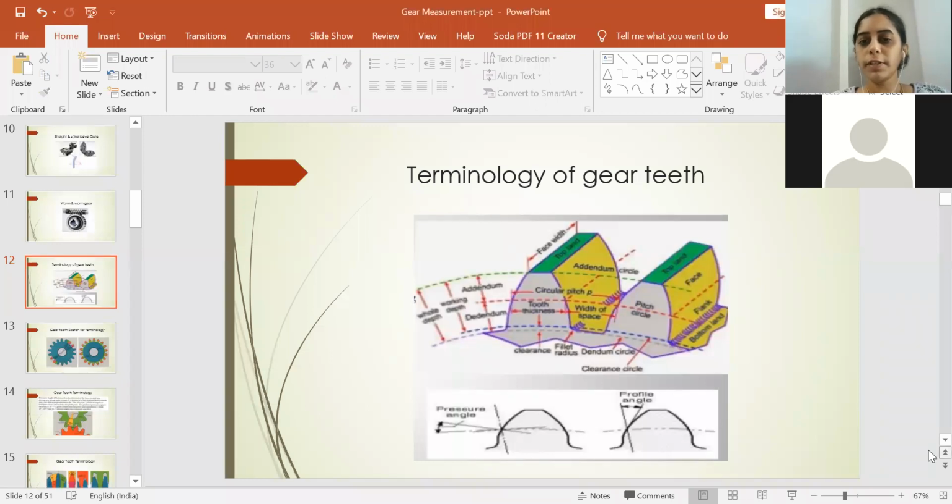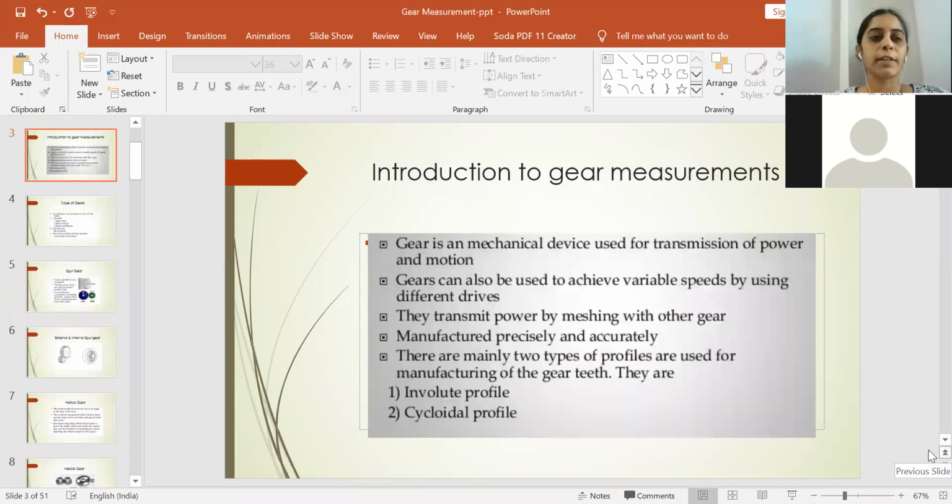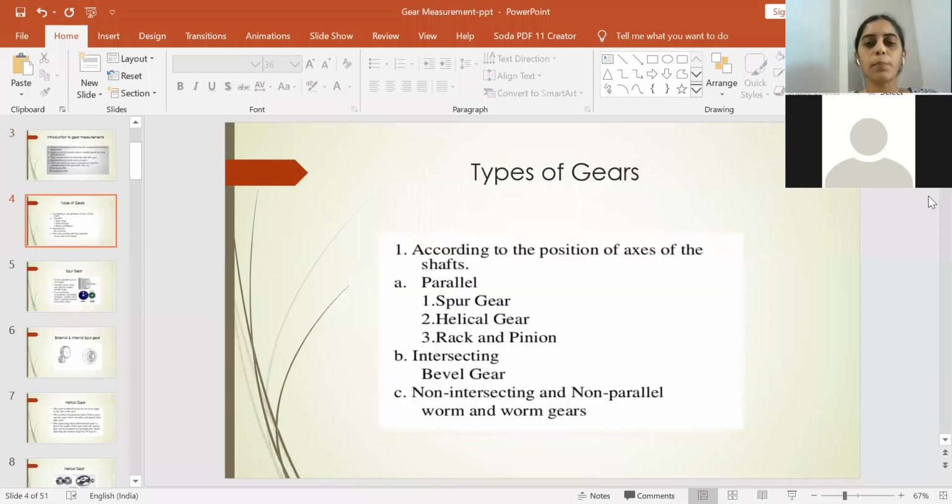Yesterday we dealt with what we mean by gear, why we use gears for the transmission of power as well as energy, and the two profiles we usually consider: the involute profile and the cycloidal profile. Depending upon the position of the axes we classified the types of gears: parallel, intersecting, and non-intersecting or non-parallel.